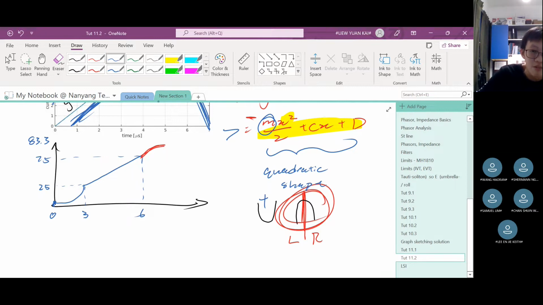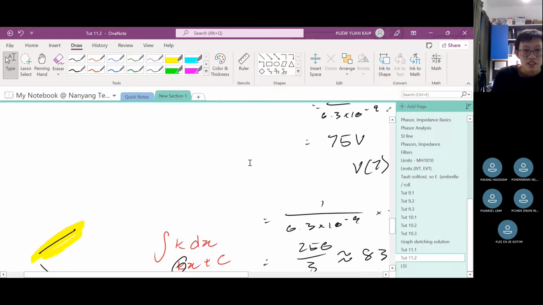Actually the complete quadratic will look like this, but I just take the left side half. Then this will reach 83.3. Okay, and then that is your solution. So this is 7 microseconds. Done.